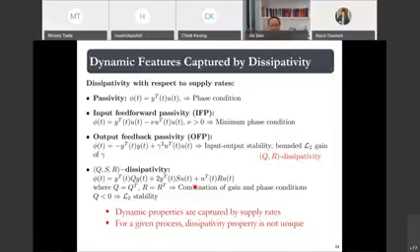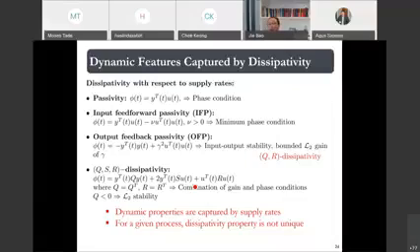And typically, Q needs to be symmetric and R needs to be symmetric, because you have y transpose Qy, and obviously Q has to be symmetric. And the QSR dissipativity basically represents a combination of the gain and the phase conditions.